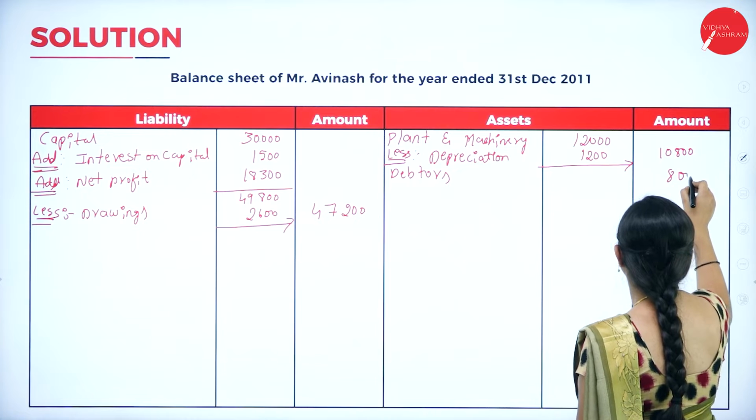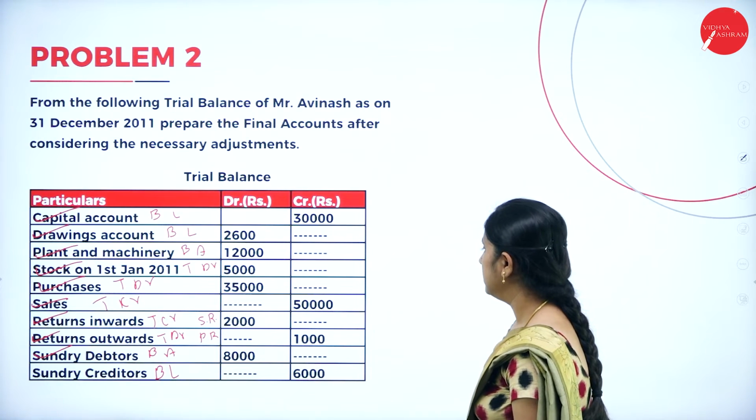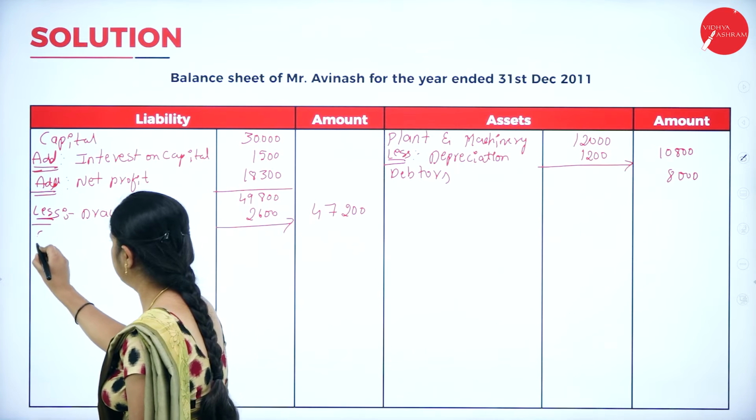Debtors 8,000. Then creditors, balance sheet liability side, 6,000.